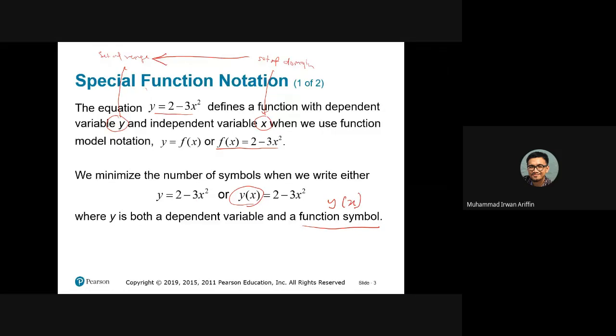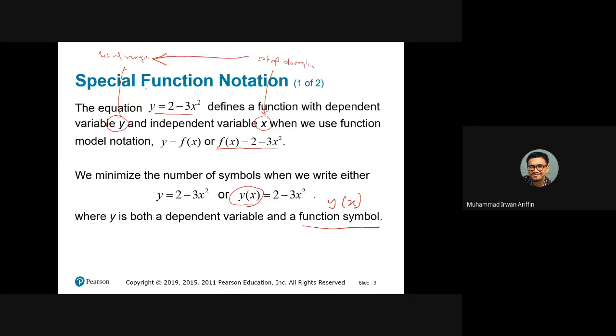This is a bit about the notation, because later on you have to remember that whenever we write y, it is never alone, because y is the dependent variable. Dependent variable means it cannot stand alone; it depends on another variable.